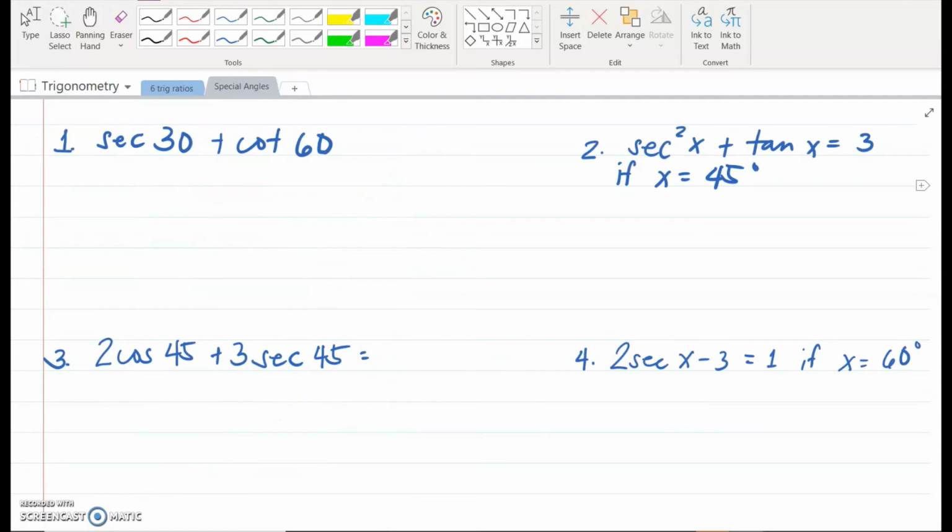Now let us have examples of how we're going to evaluate each expression using the values of special angles. Let's say you have secant 30 plus cotangent 60. So we know that secant 30 is 2 square root of 3 over 3.